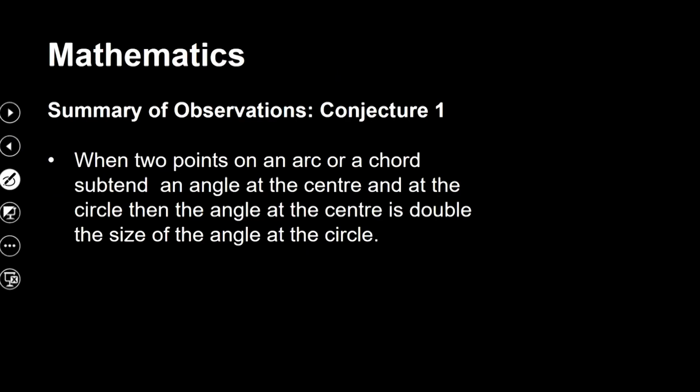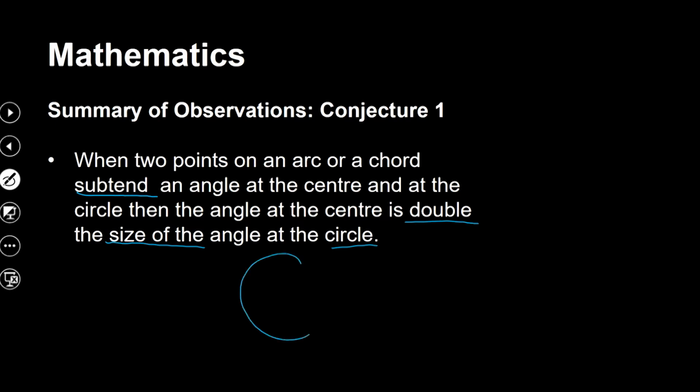The summary of the observation is the very first conjecture: when 2 points on an arc or a chord subtend, remember subtend means form, an angle at the center and an angle at the circumference, then the angle at the center is normally twice or double the size of the angle at the circumference of the circle.